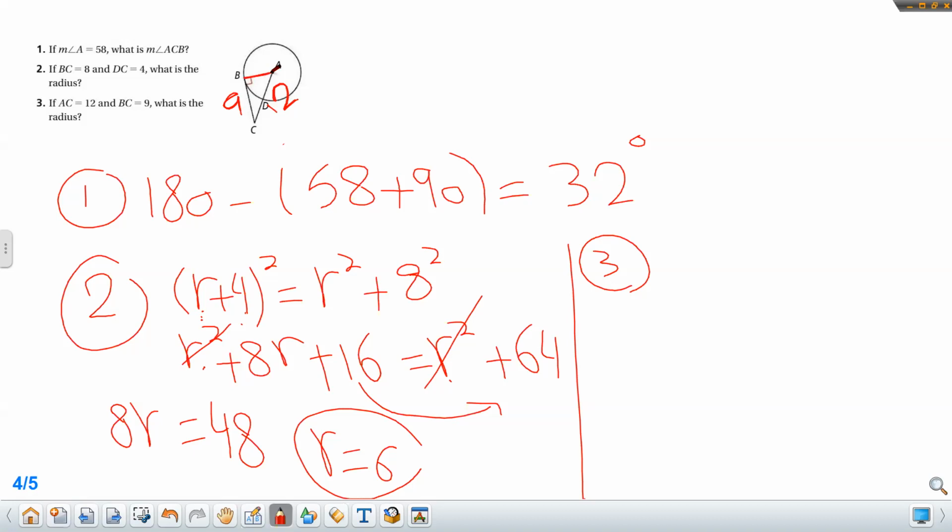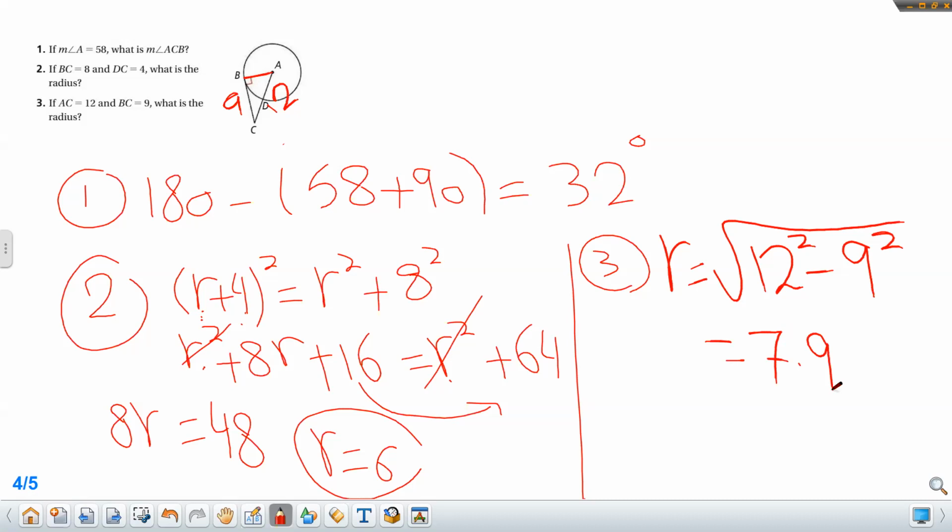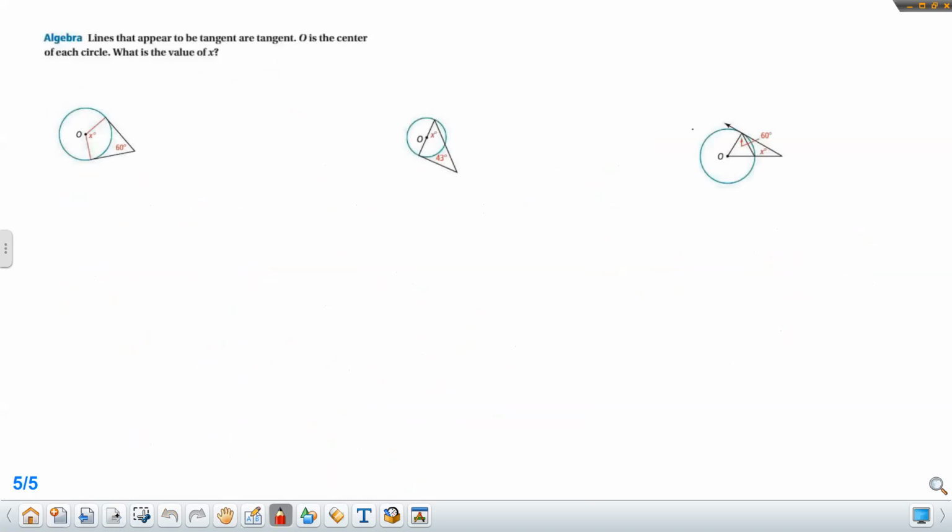So we can say the radius equals the square root of the hypotenuse power 2, which is 12 power 2, minus 9 power 2. 12 power 2 minus 9 power 2. Okay, it will be 7.9. Equal 7.9. Okay. This exercise is so important for you.